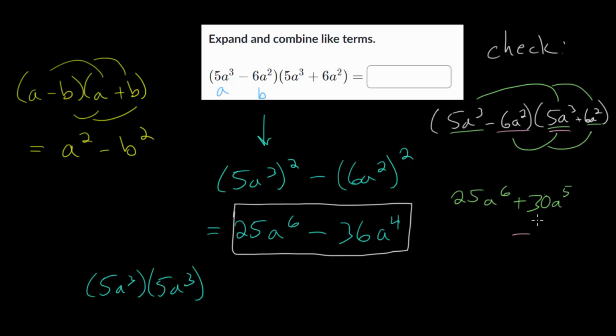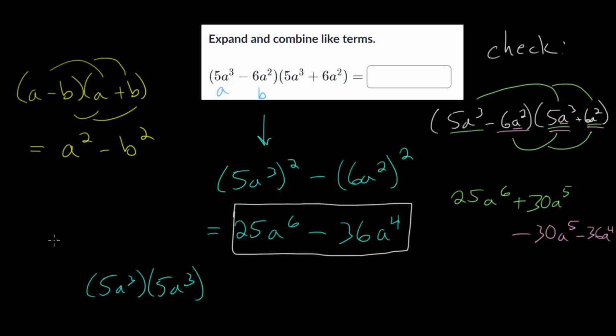So that's going to be minus 30a to the fifth. And again, remember the rule when you have these variable expressions, that if they have the same base, you just add the exponents. So they each have base a, and so 2 plus 3 gives us 5 for our exponent. And then we take minus 6a squared, and we multiply it by 6a squared. So we get minus 36a to the fourth power.